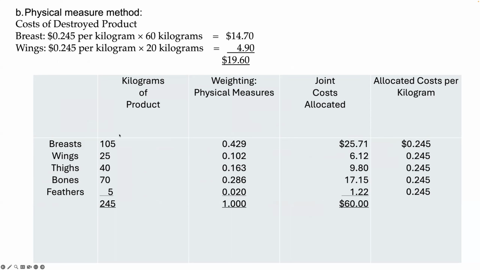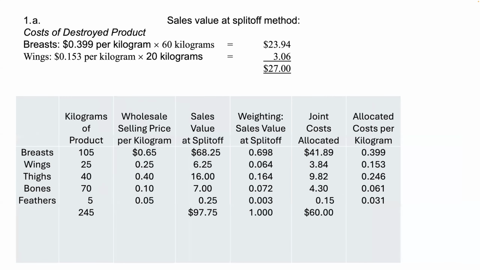So this is the weights, right? And then, hey, why does it keep going back to B? I don't know. Okay, and then I know the wholesale selling price per kilogram.